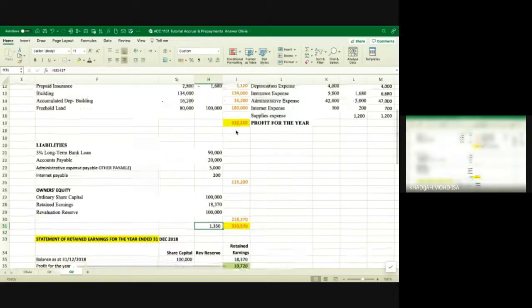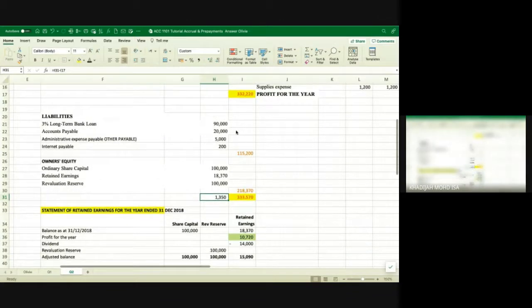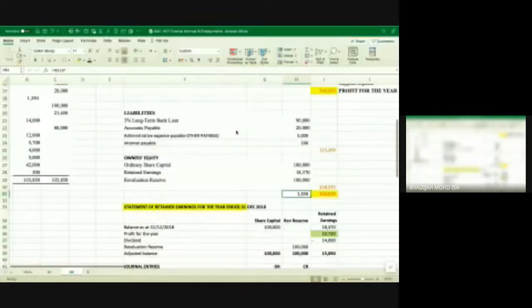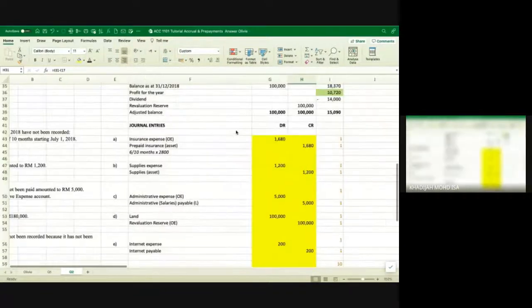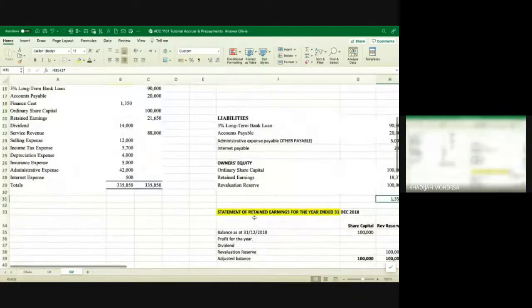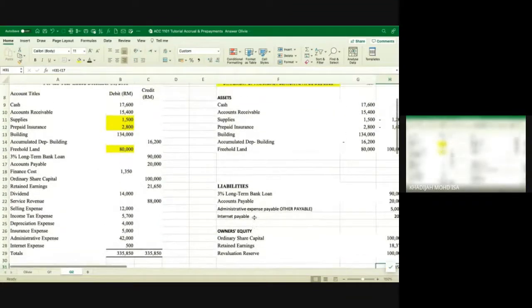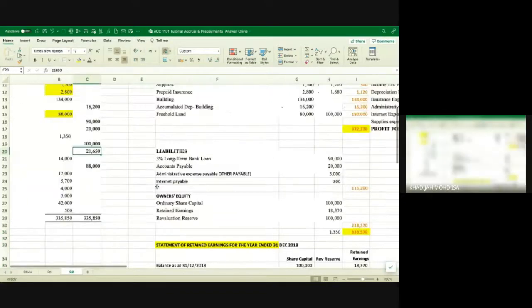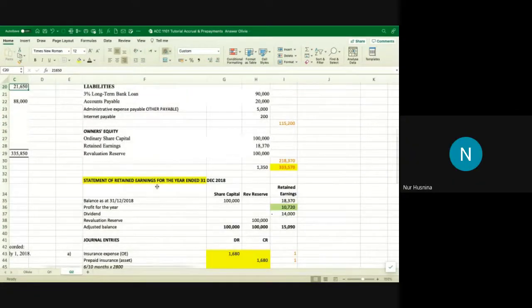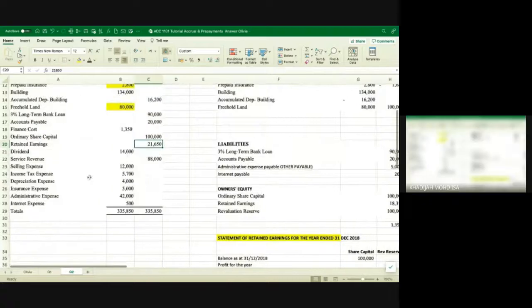Right, 1350. Where could it be? Look for that information. Any adjustment of 1350? No. Anything else? Retained earning 21,650. Finance cost, madam. Yes, finance cost.